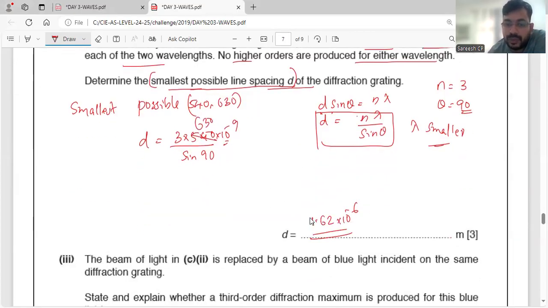So when you put this over here, d equals 3 times 630 times 10 to the power minus 9 divided by sine 90. I think it is 1.9 something.